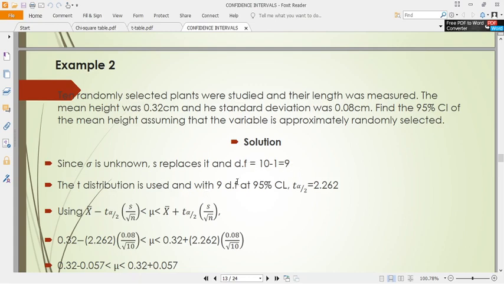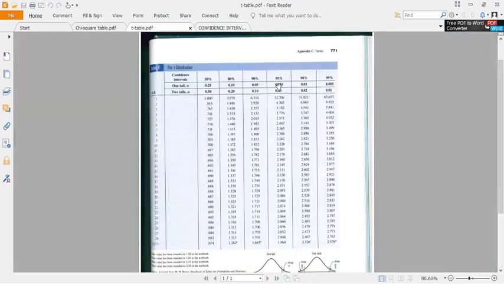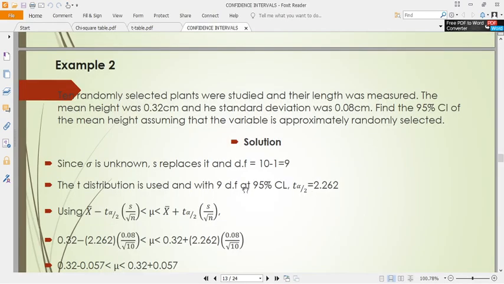So the t-distribution is used. So we look for 95% and 9 degrees of freedom. So we go to our t-table, 95% is here, and then 9 degrees of freedom, which is it 2.262? Let's confirm. Yes. So this is our t alpha over 2 value.